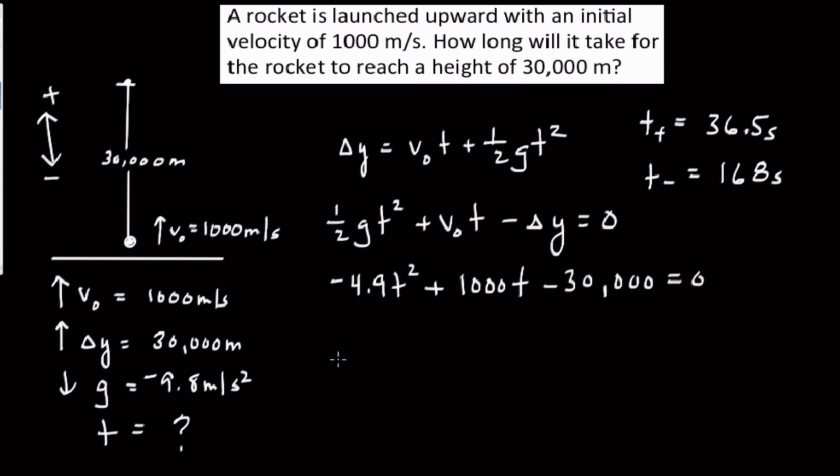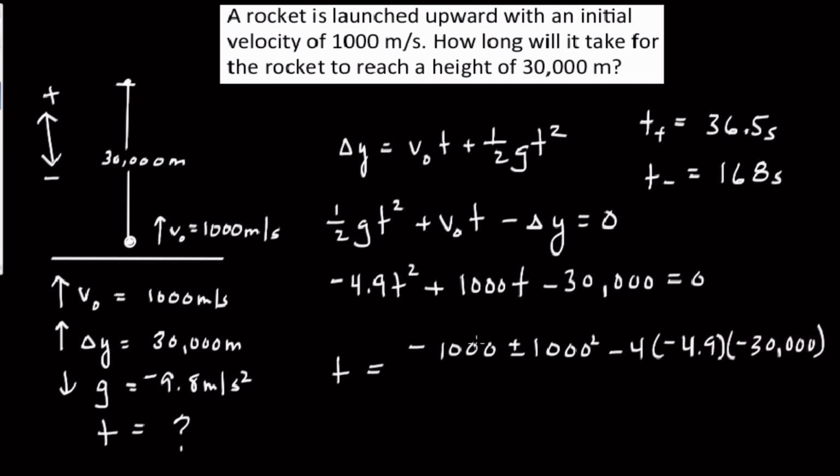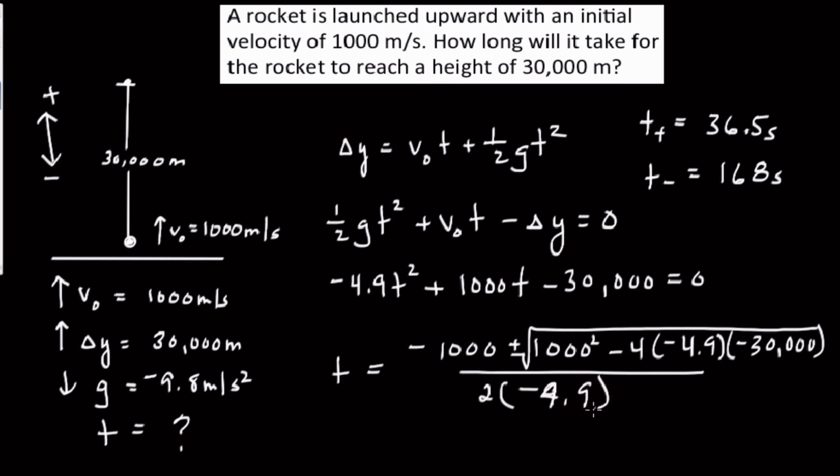When I put this in the quadratic formula, I get t equals negative b, which is negative 1,000, plus or minus the square root of 1,000 squared minus 4 times negative 4.9 times negative 30,000. I have to put that all under a radical, all divided by 2a, or 2 times negative 4.9. And when you put that in your calculator, you should get these two numbers.